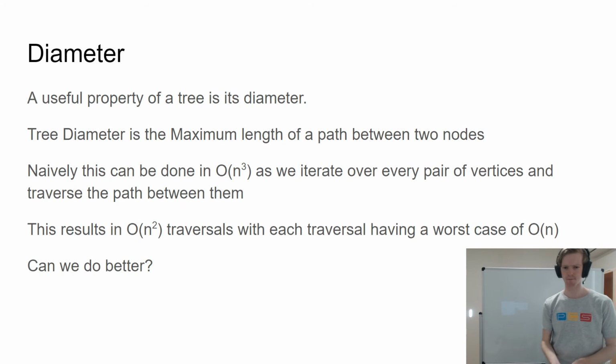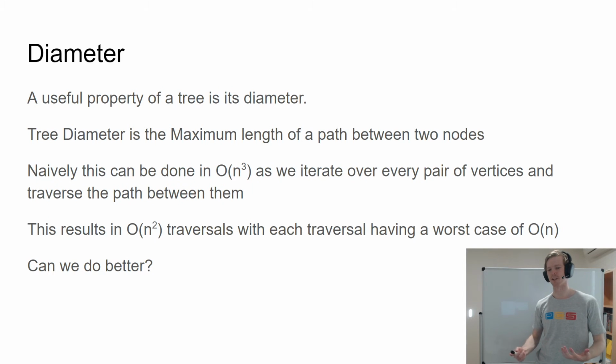Cool. So we'll move on to our first real property of trees, which is kind of different to many other graphs. This is the idea of tree diameter. What diameter describes is the maximum length of a path between two nodes.